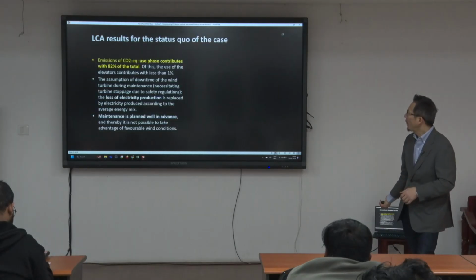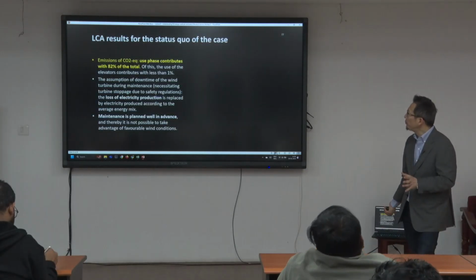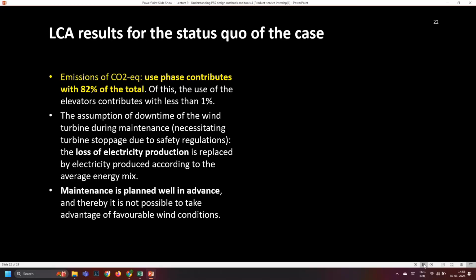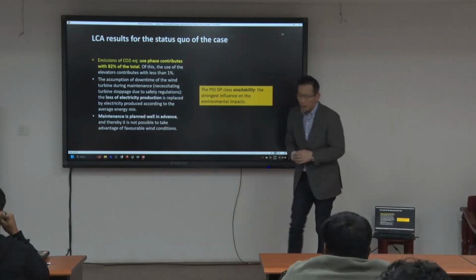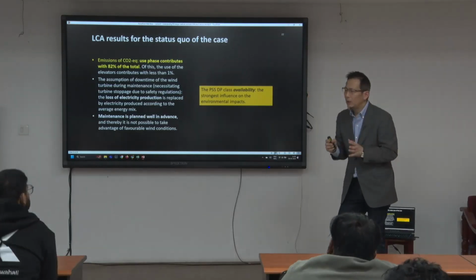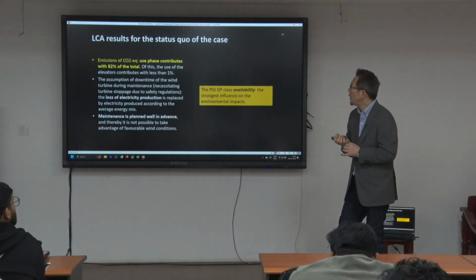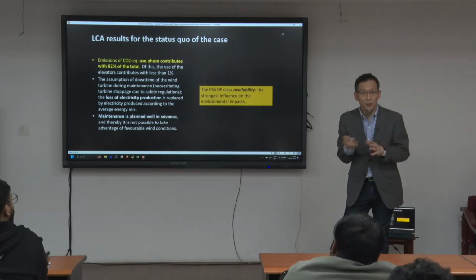Okay. And first, this slide shows the result of the life cycle assessment, CO2 emission. We calculated the CO2 emission of the elevator usage for the wind turbine tower, and we found that the use phase of the elevator emits 82% of the total CO2 emission of the life cycle.